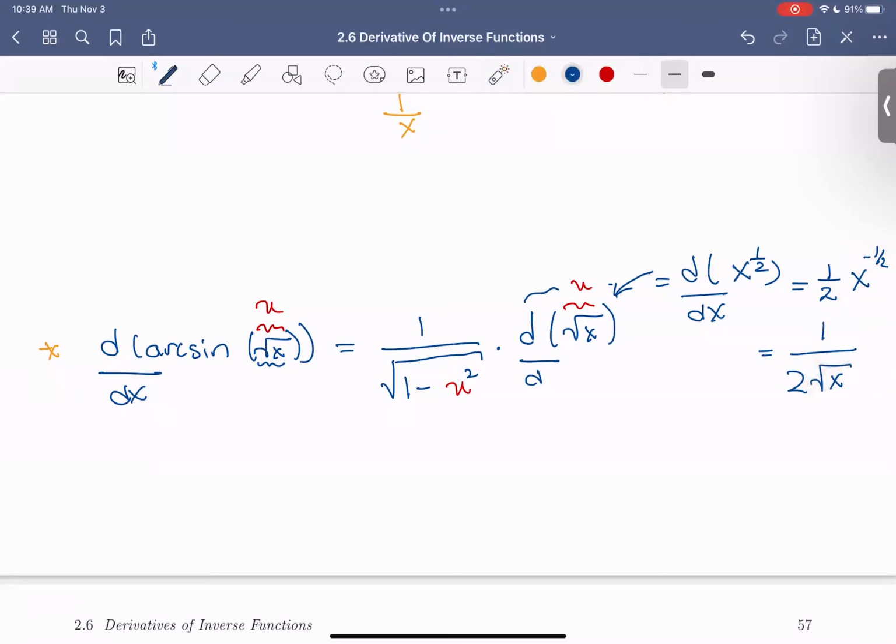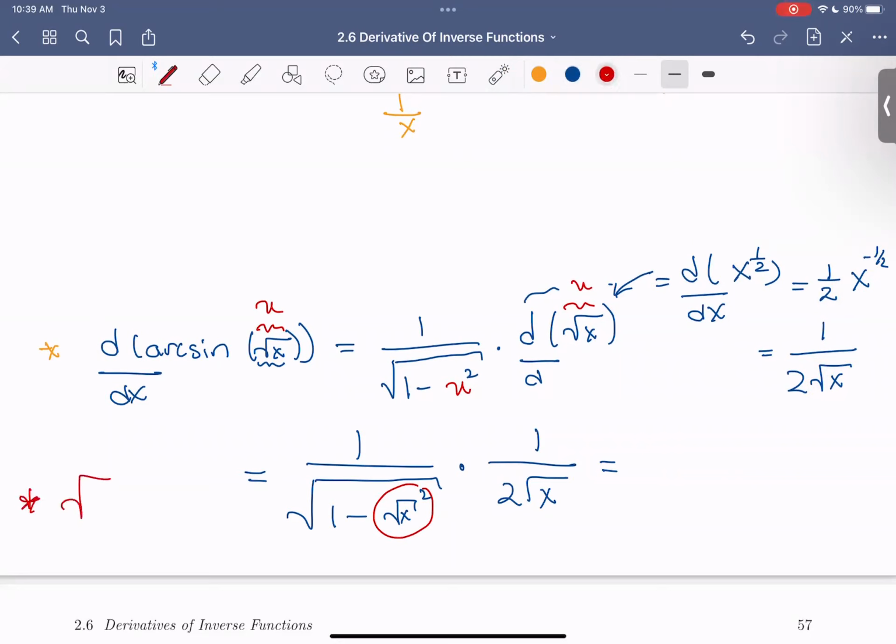So let's clean this up now. So this becomes 1 over square root of 1 minus root x squared times 1 over 2 root x. So now we can simplify because we have a squaring and a square root here. So that becomes just x.